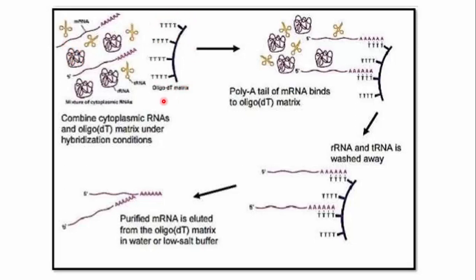We use an oligo-dT matrix. Next, poly A tail messenger RNA binds to the oligo-dT matrix and then transfer RNA and ribosomal RNA are washed away, and we can easily purify messenger RNA from the oligo-dT matrix by changing the pH of the buffer.